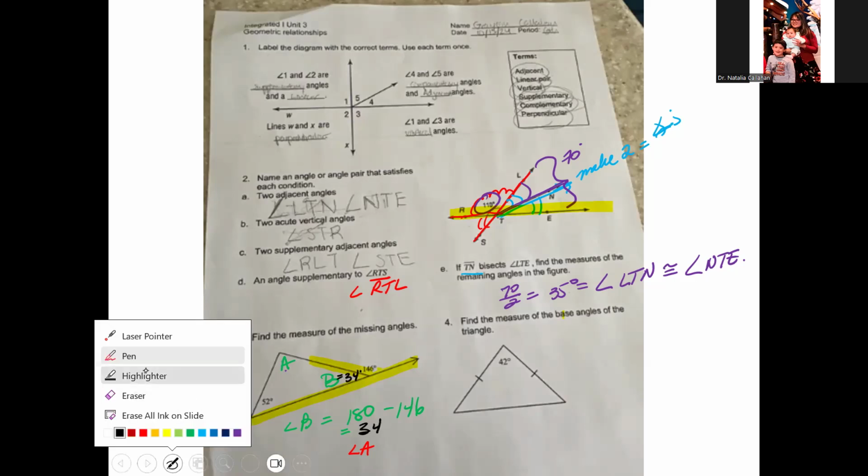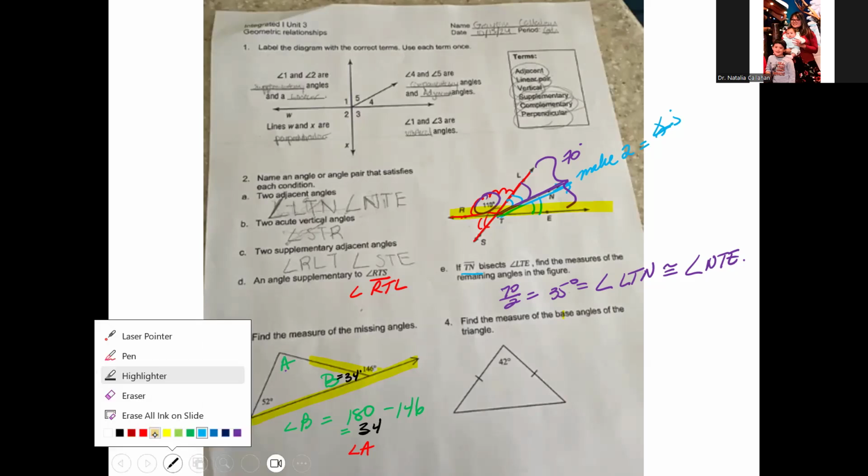So if angle B is 34 degrees, remember we knew that the entire triangle, like this orange triangle, is always 180 degrees. This needs to go in your notebook as well. You don't need to write it yet.